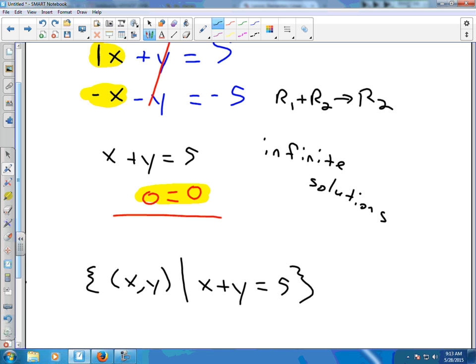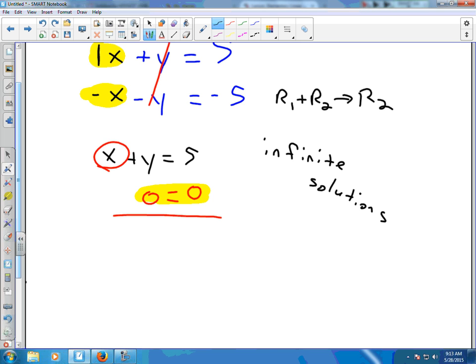So if we think in terms of pivots, we have X as a pivot, but we don't have a row that has Y as a pivot. And a lot of books refer to a variable that doesn't occur in a pivot position as a free variable.